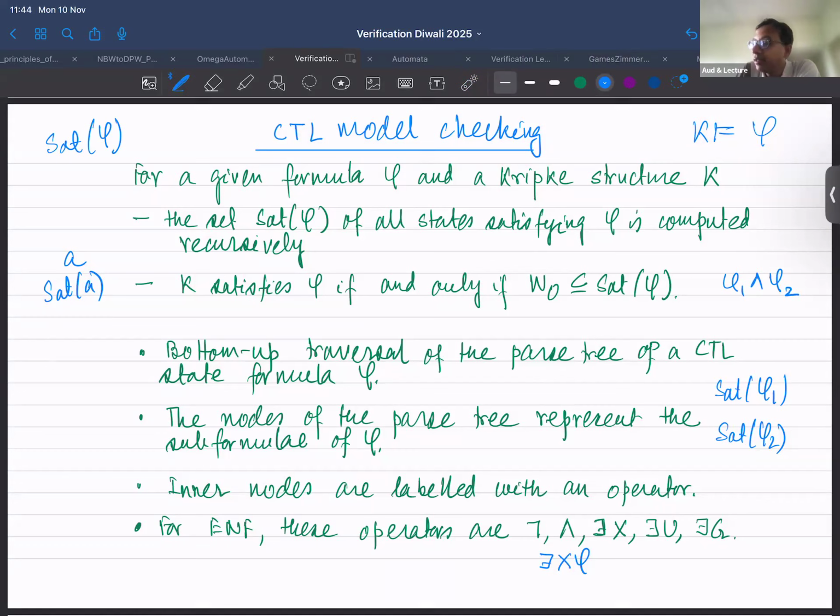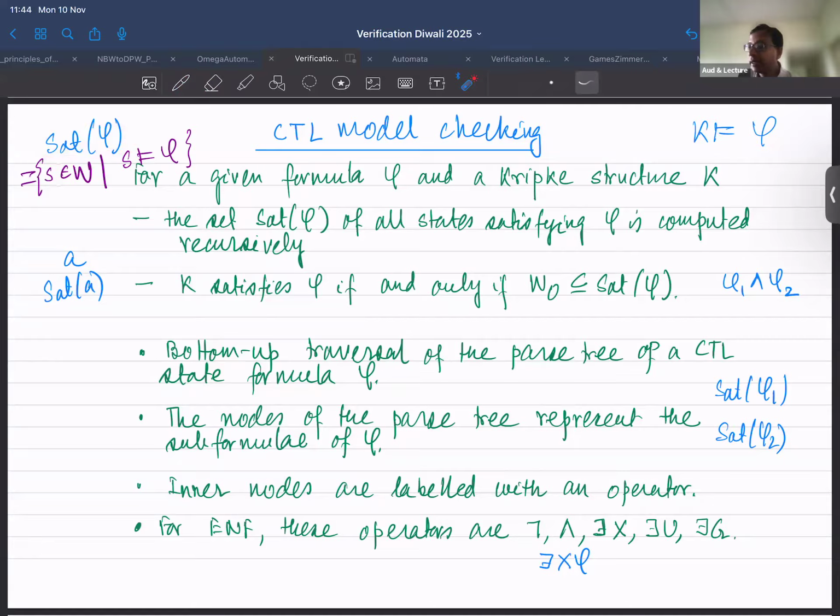SAT of phi is precisely the set of states, the worlds s belonging to W, such that s satisfies phi. Okay, so this is what we are going to compute and then see if the initial state of the Kripke structure belongs to this SAT of phi.